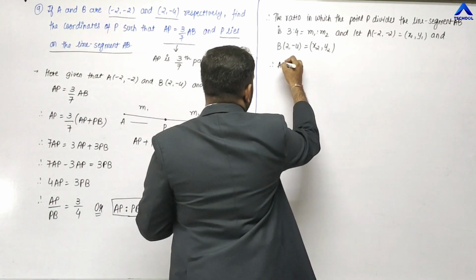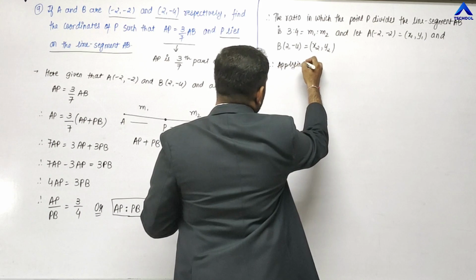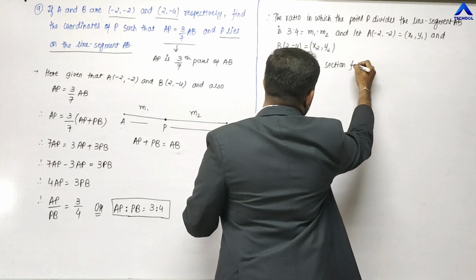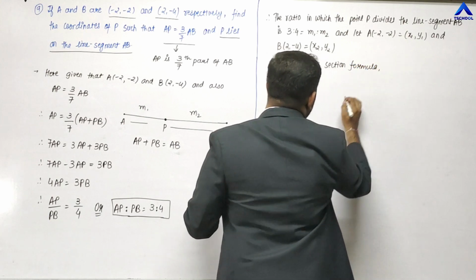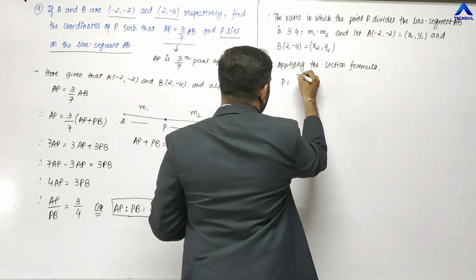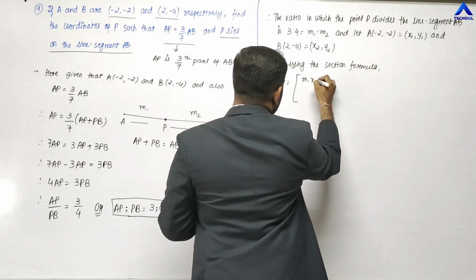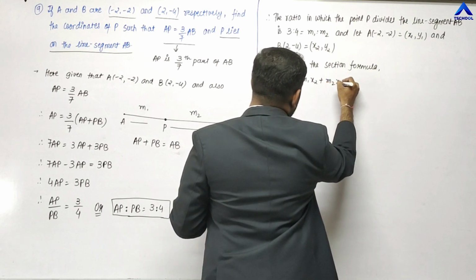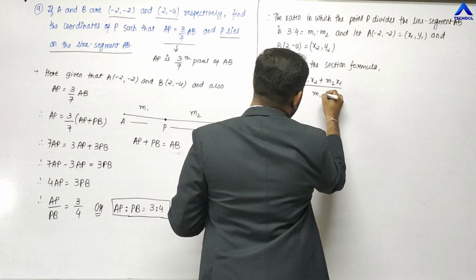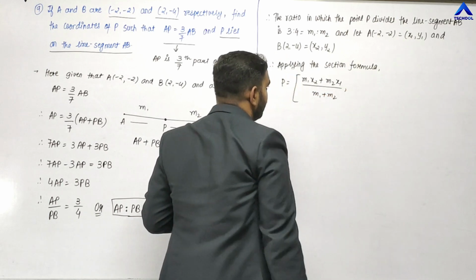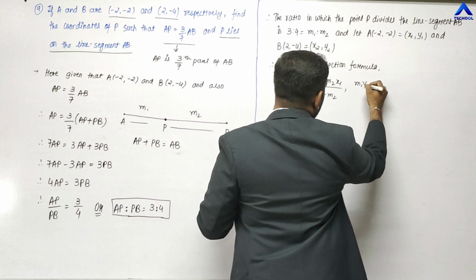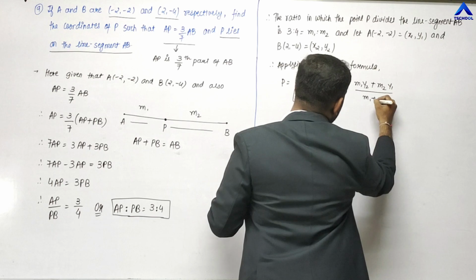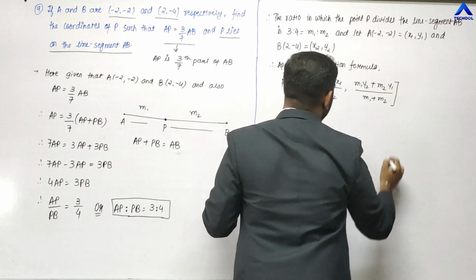Therefore applying the section formula, we get the coordinates of P, that is m1 x2 plus m2 x1 upon m1 plus m2 comma m1 y2 plus m2 y1 upon m1 plus m2.